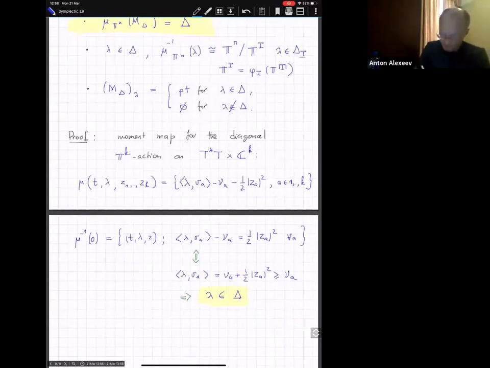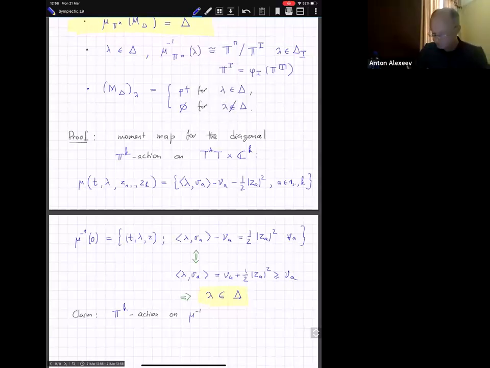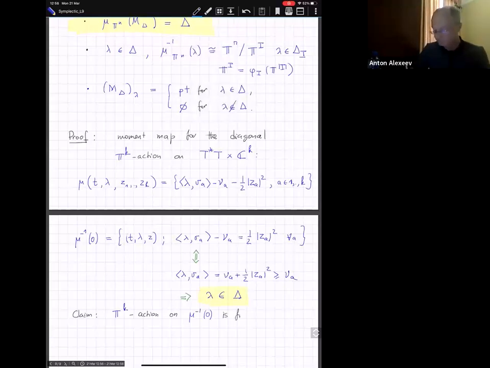Now, here is a claim. The TK action on the level set is free.